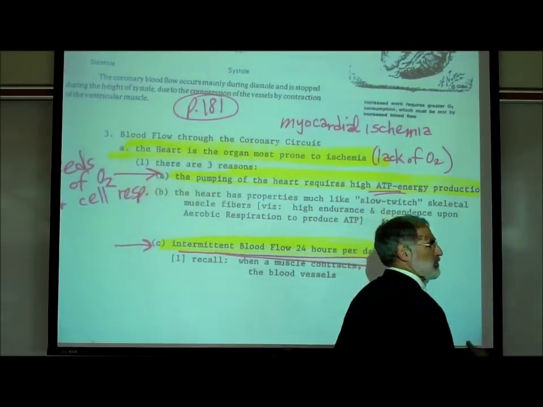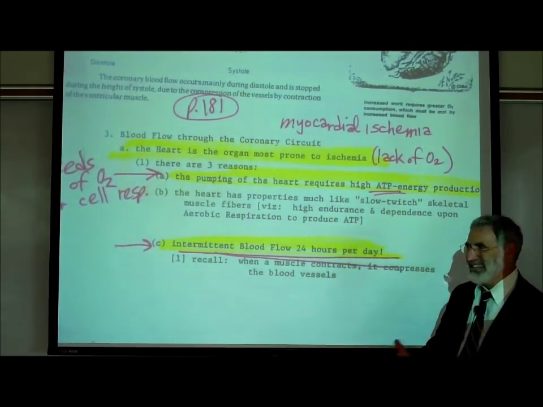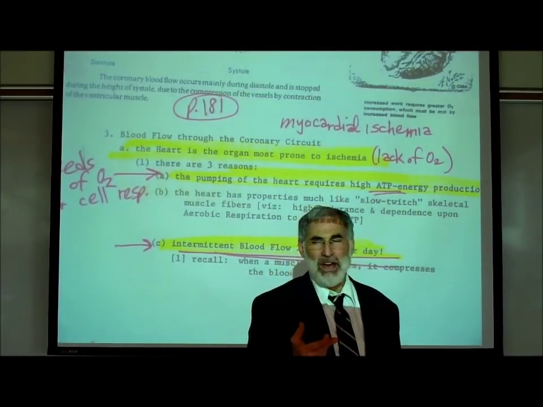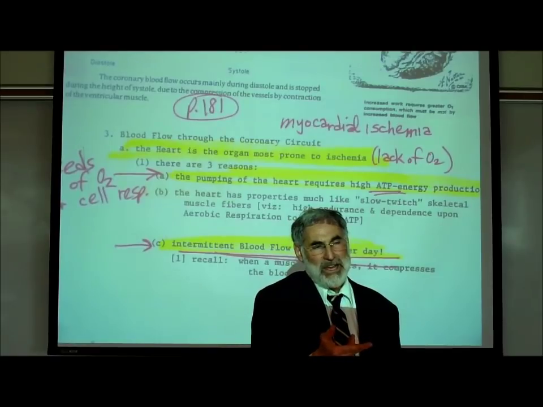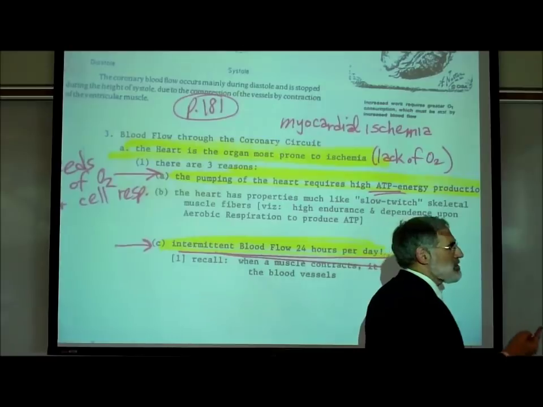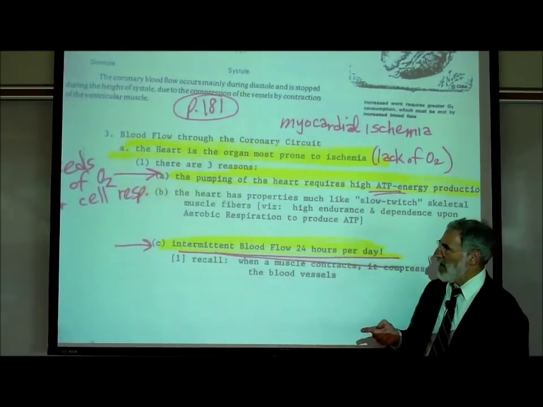Renal ischemia, cerebral ischemia, hepatic ischemia, muscular ischemia. But the most familiar way of saying that word ischemia is myocardial ischemia. That is, the heart muscle is the most common tissue that suffers from lack of oxygen.